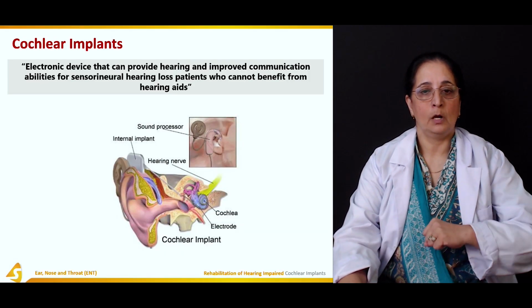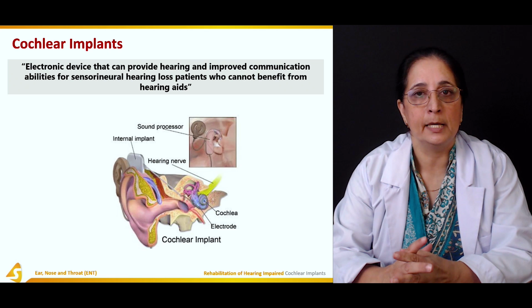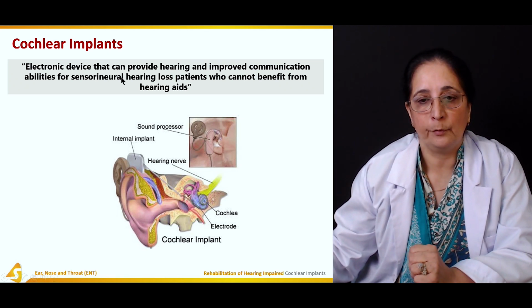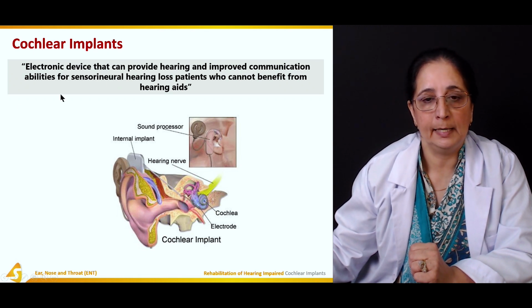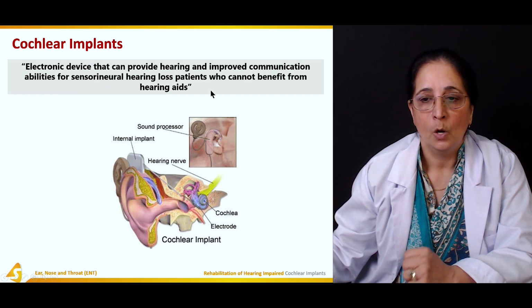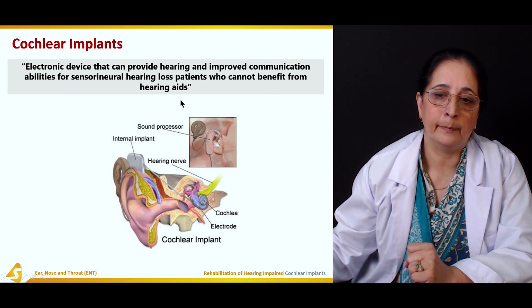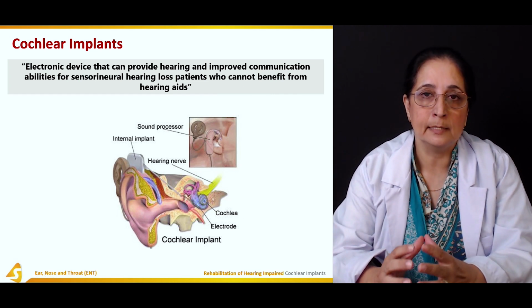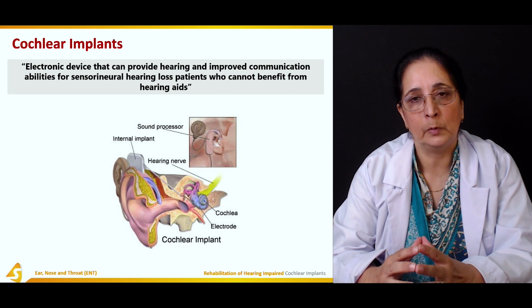So first, how cochlear implants function. It is an electronic device that can provide hearing and improved communication ability for sensory neural hearing loss patients who cannot benefit from hearing aids. So very, very important, sensory neural hearing loss only.